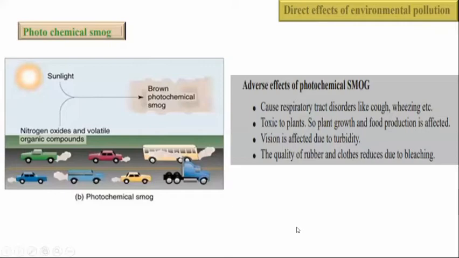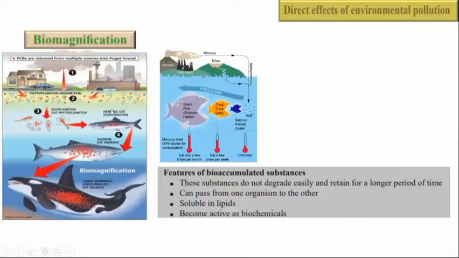Right. Next is biomagnification. Right. What is biomagnification? The toxic materials are collected along the food chain from one trophic level to another. You can see in this diagram as well as here.